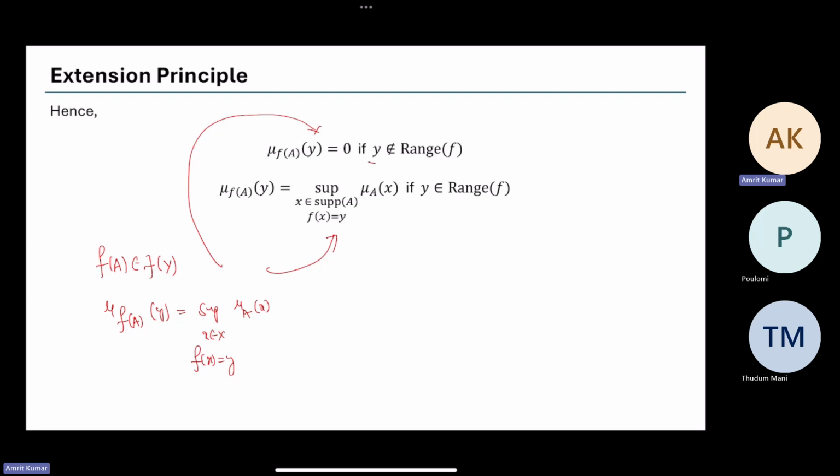If y does not belong to the range of f, then it automatically becomes zero. And if y belongs to the range of f, we just need to take the supremum over the support of A such that f of x equals y.